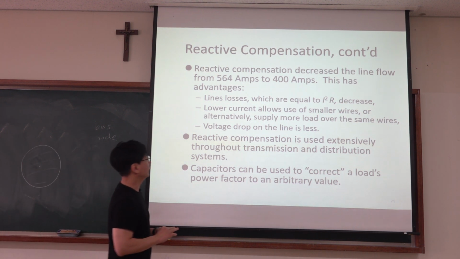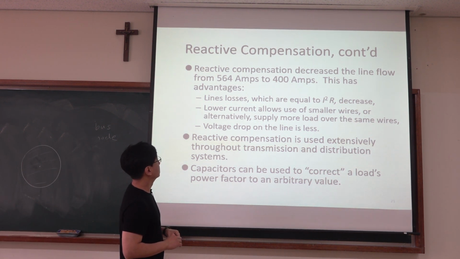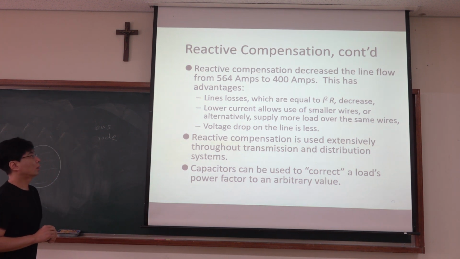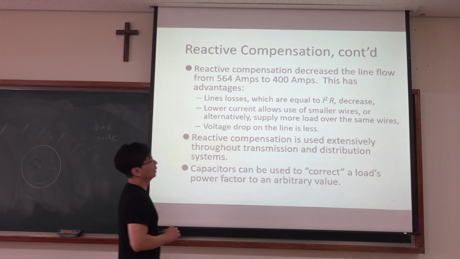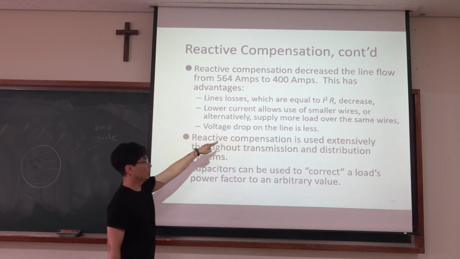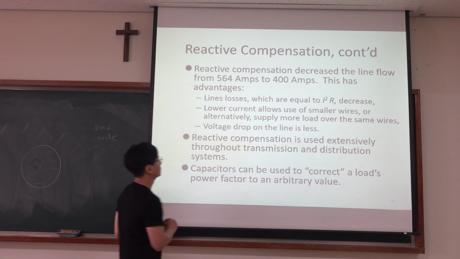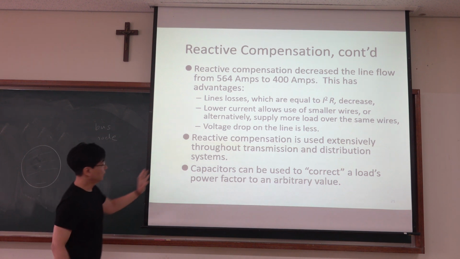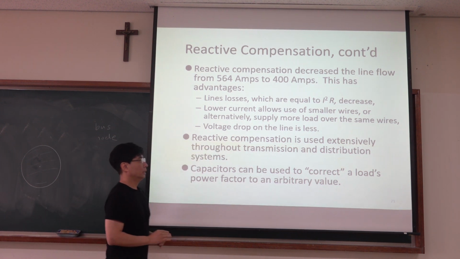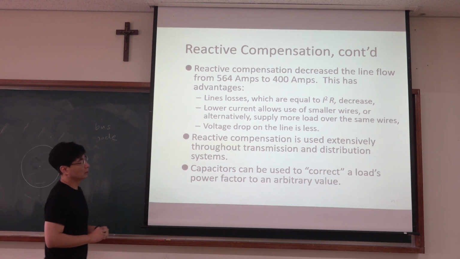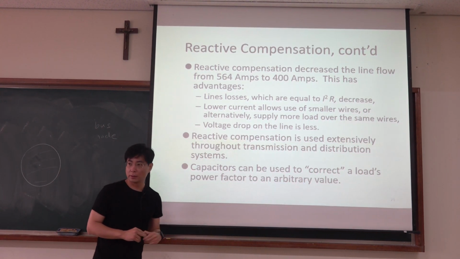So we want to use less copper material to install the transmission line. Lower current allows use of smaller wires, or alternatively supply more load over the same wires. And voltage drop on the line is less. That example was very simple, but reactive compensation is used extensively throughout transmission and distribution systems.